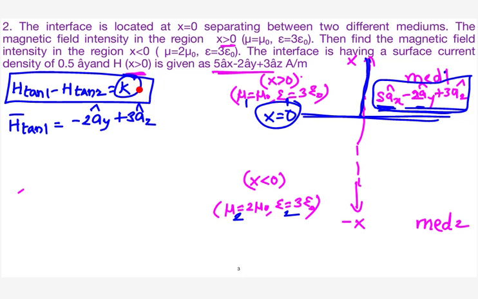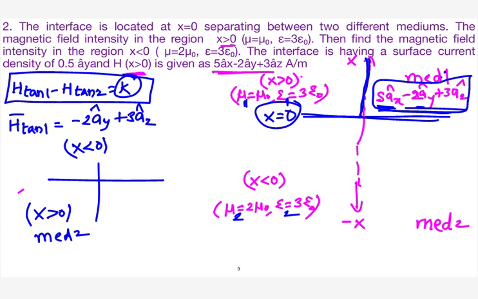You said that when we consider the above as medium 2, the wave will be entering at medium 2, right? No, it can be anything. That is not a problem. But accordingly, you need to take the sign. Suppose in your case you have considered x greater than or equal to 0 as medium 2, and x less than or equal to 0 as your medium 1.